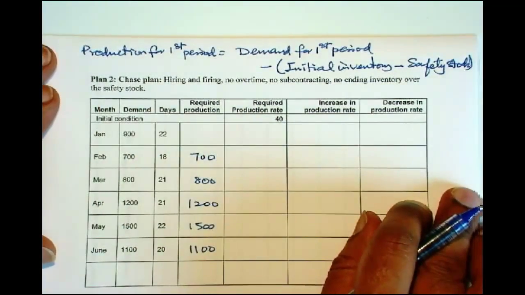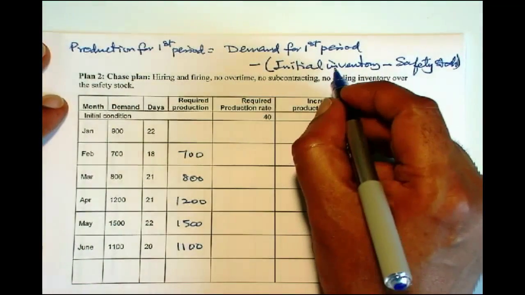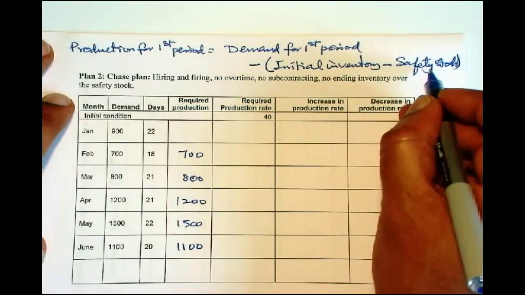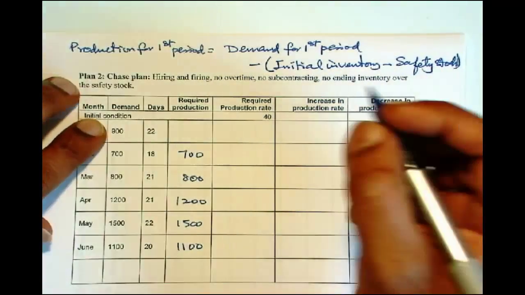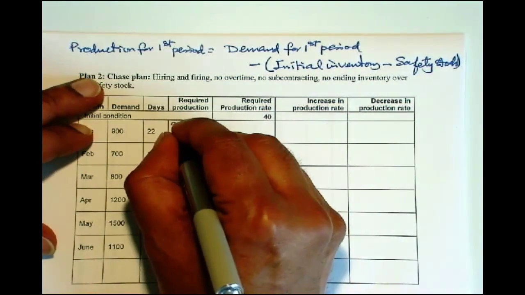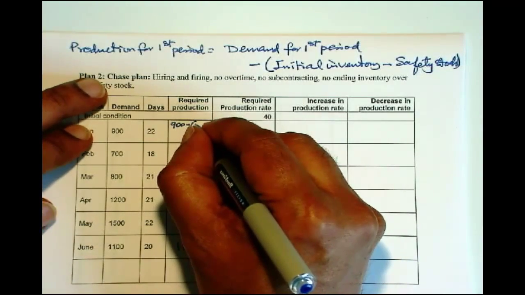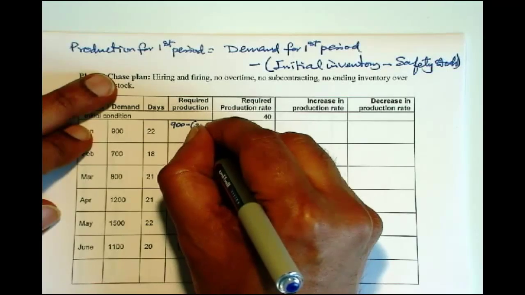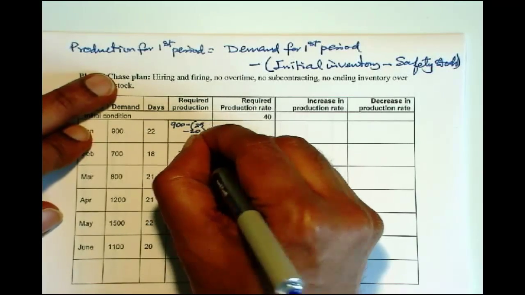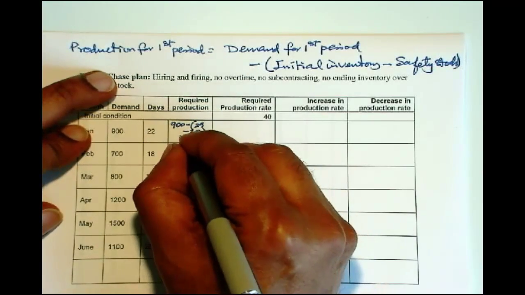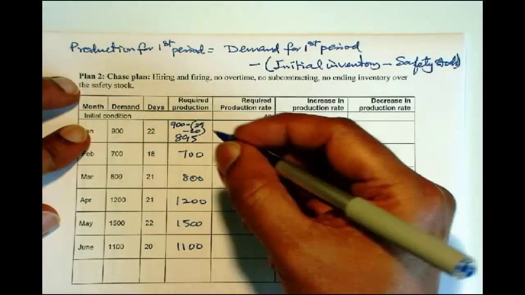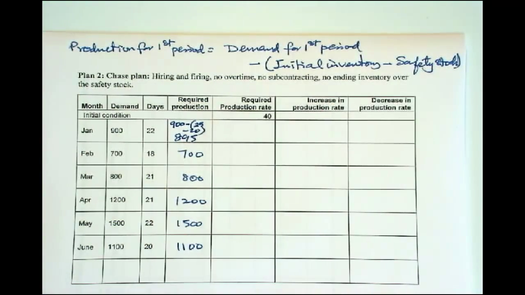So remember, our initial inventory is 25 and safety stock is 20. So 900 minus 25 minus 20. So that will give you 895. So these are the production quantities.